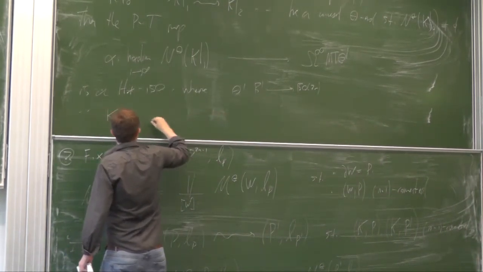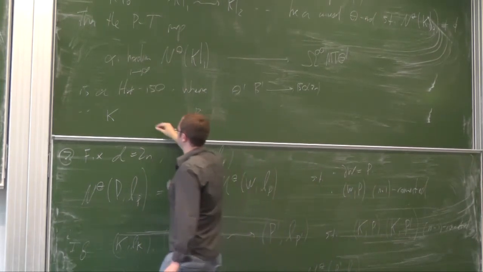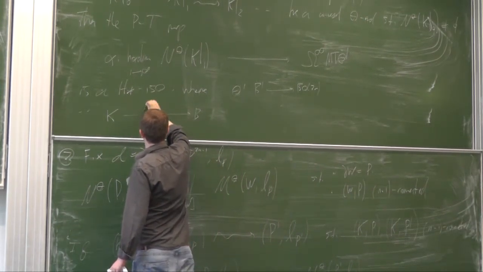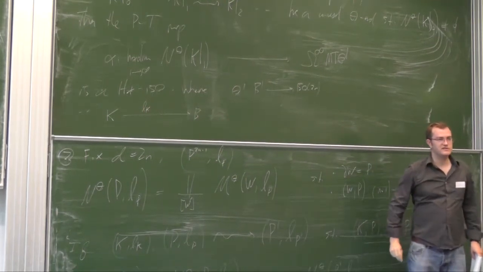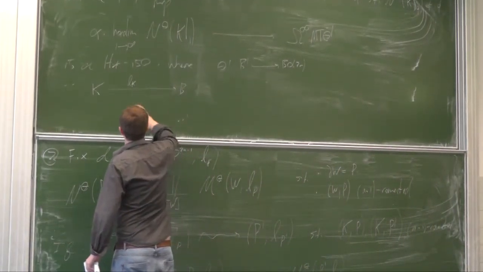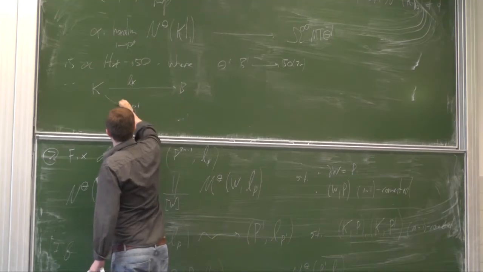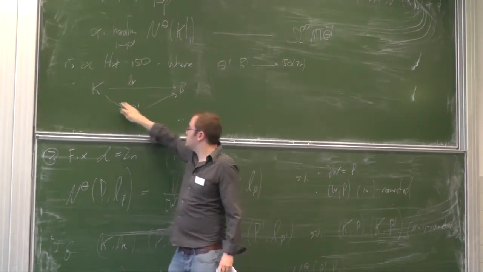You have this K, and you have B, and K has a theta structure, so you have a map like this, K to B, and you make the nth Moore-Postnikov factorization of that. So just by homotopy theory, there universally exists a factorization of this map, where this is n connected, and this is n co-connected.